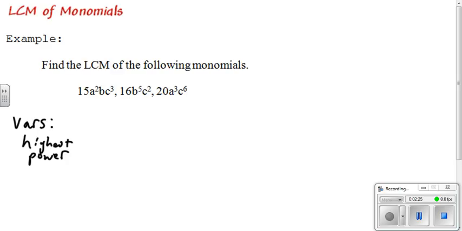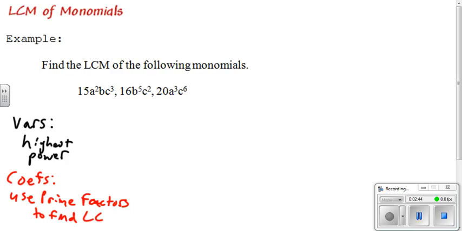And for your coefficients, use the prime factorization to find the least common multiples, or use prime factors to find the LCM.